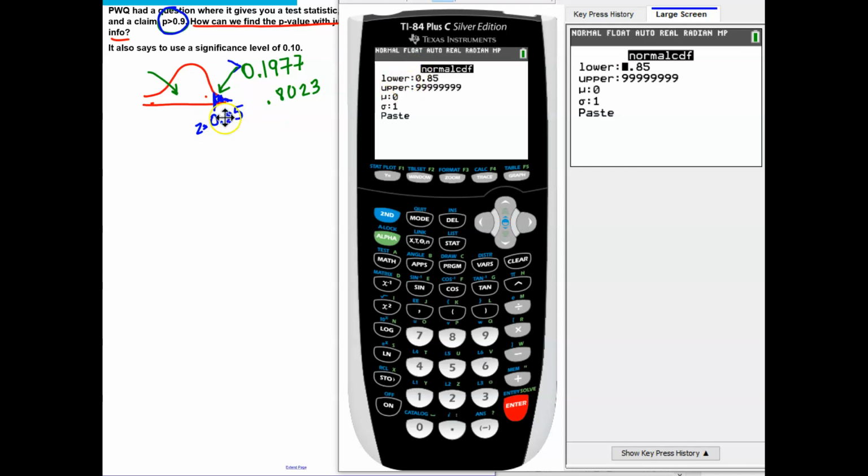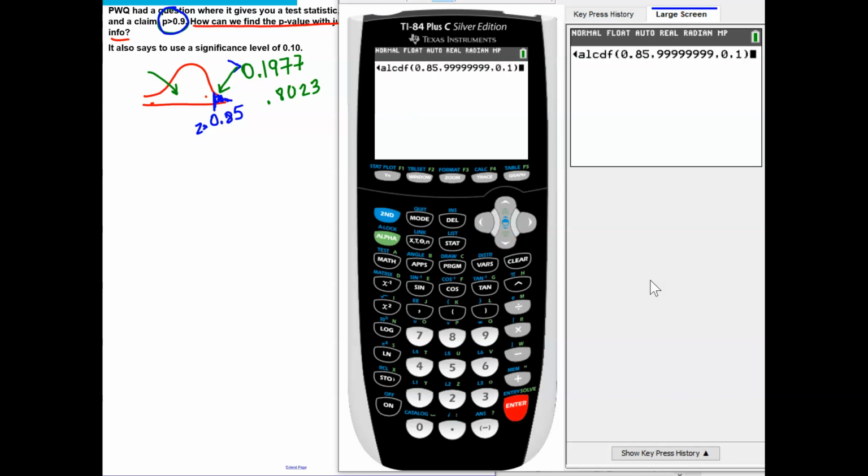The lower limit in this case, because we're looking for the area to the right of our z-statistic, will be our z-statistic, 0.85, and the upper limit will be positive infinity, which we will enter as 0.09999. Mu is 0 for the standard distribution. For the normal distribution, standard deviation is 1.